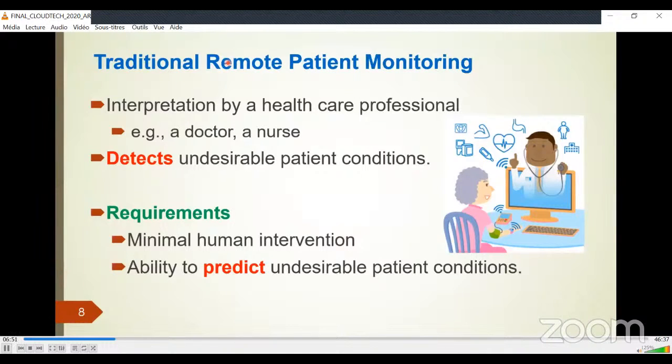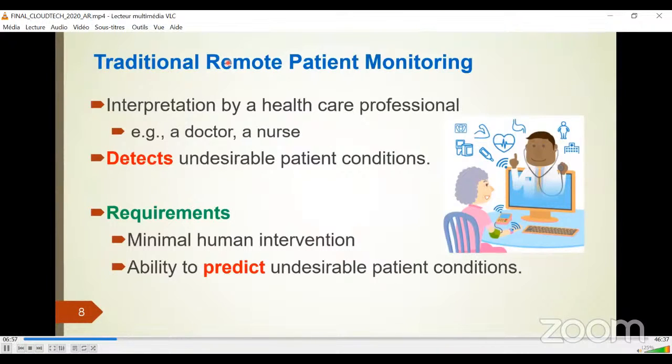And the purpose essentially is to look at the data and to try to detect whether there is anything to worry about, whether there is an undesirable patient condition that's either happening now, or that happened recently.